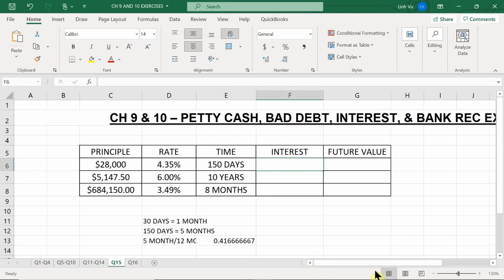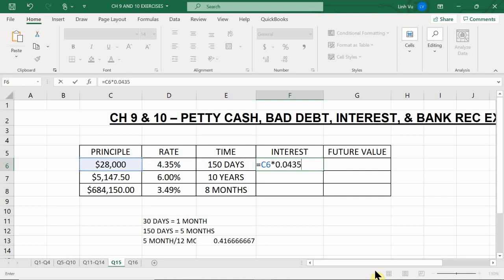My interest is going to be principal of 28,000 times my rate of 0.0435, times, easier way to do it, just plug it in, 5 divided by 12, and that should work too.